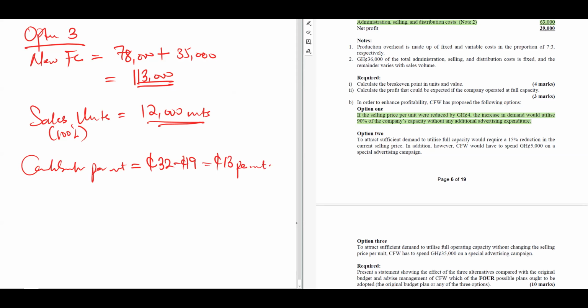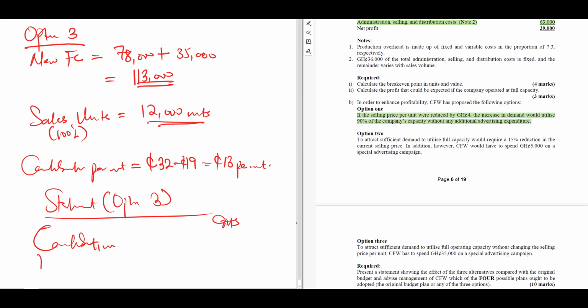So let's get our profit statement for option 3. What's our contribution? That's 13 cedis per unit times 12,000 units, and that gives us 156,000.